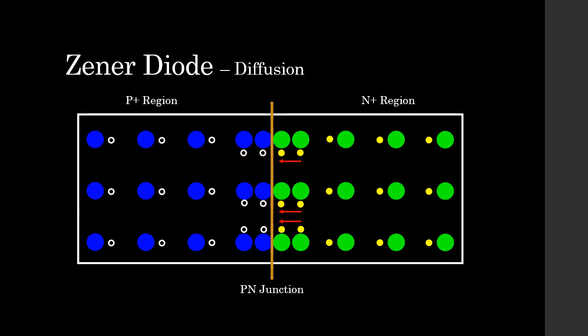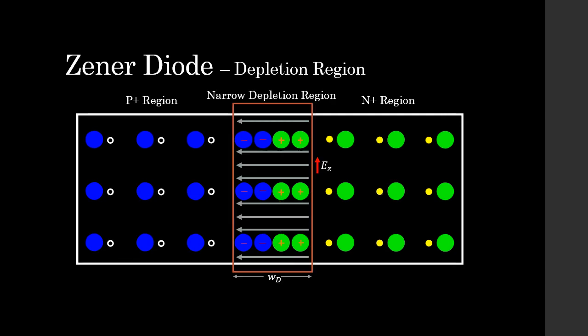And because that process takes place, the depletion region that is set up in a Zener diode is a very narrow depletion region. As we can see here, we have a very narrow depletion region, although the concentration of immobile ions is very high in this depletion region.